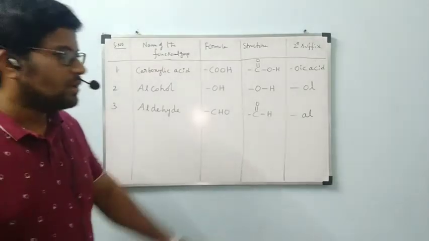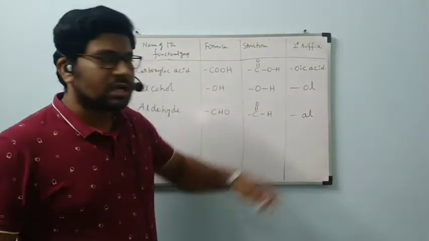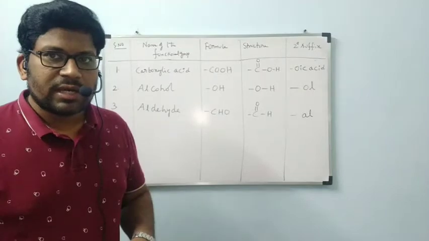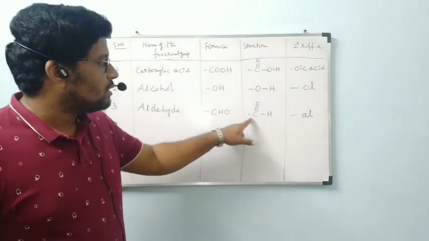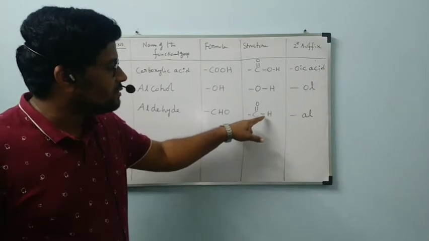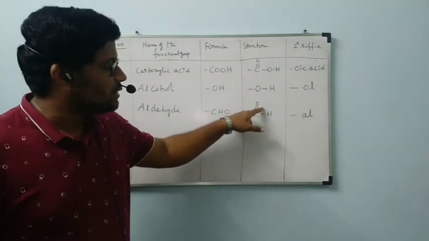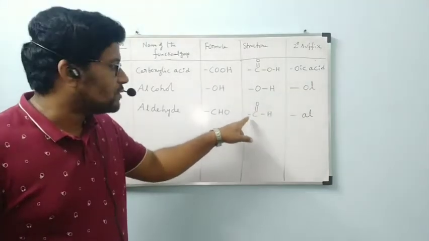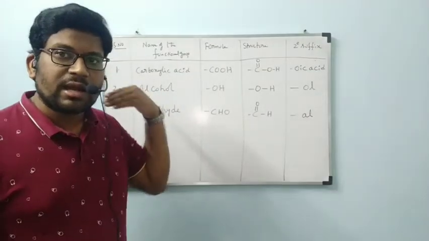Pronunciation is al. If you are getting any doubt here: carbon is not satisfied with 4 bonds. 1, 2, 3. Correct? The fourth bond is with any other carbon.